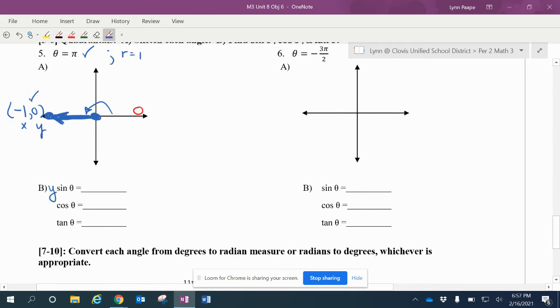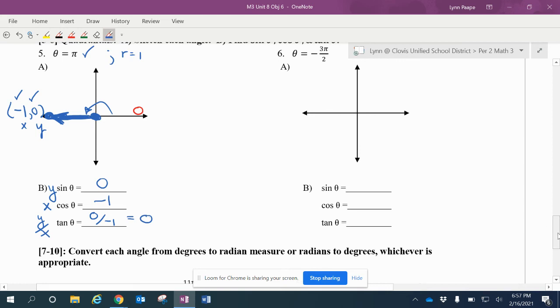So what is y here? It's equal to 0. Cosine is my x value. What is the x value? -1. And then tangent is like slope. I don't know if you remember that from an earlier lesson, but tangent is slope, so y over x. So my y value is 0, my x was -1, and then 0 divided by -1 is equal to 0.